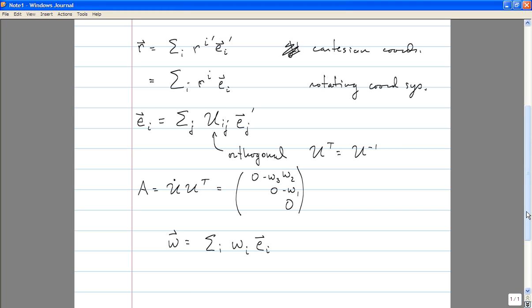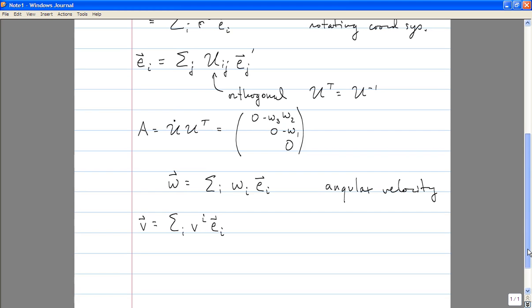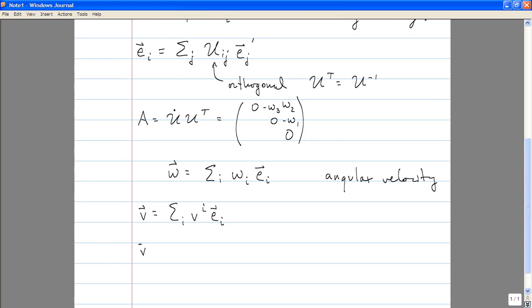And the utility of this definition of the angular velocity vector is that if we have a vector v whose components are given by v_i in the rotating coordinate system, then if we wish to write down the time derivative of that vector, it's just given by the sum of 2 terms.